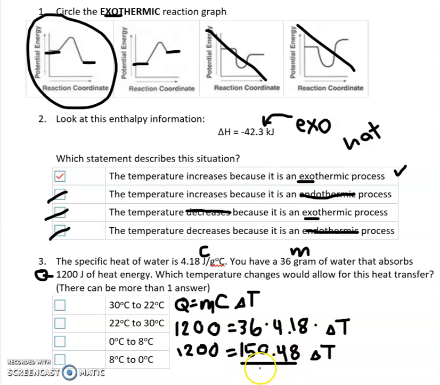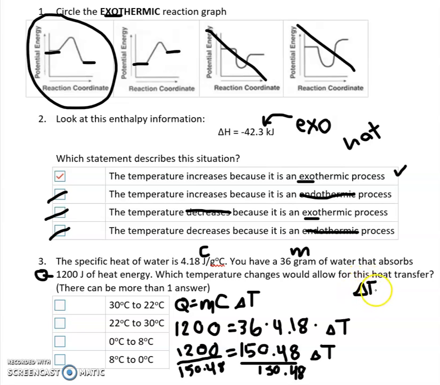So let me do 1200 divided by 150.48. I know this is taking a bit longer than I would want it to. All right, so 1200 divided by 150.48 is equal to delta T, I'm going to do it right up here.